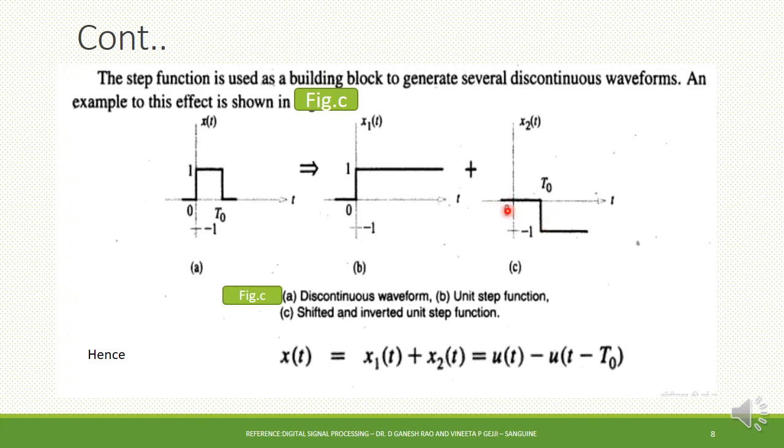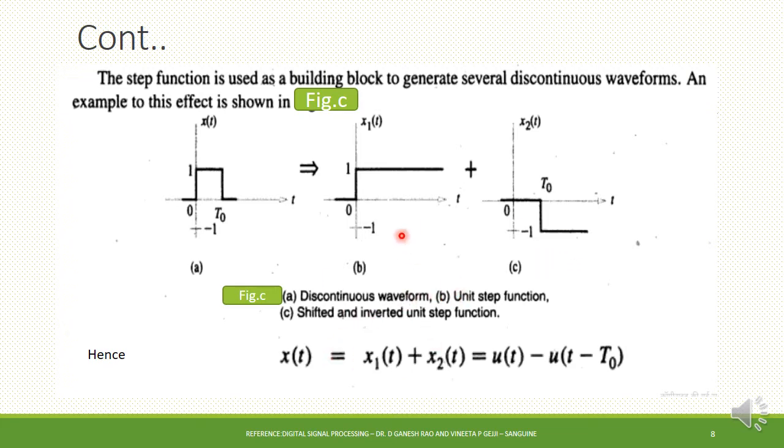In the previous figure we only studied the shifted one. Shifted means this signal comes to this side, but here it is inverted. So I want to show you another example. Here it comes below, and then it is called the inverted unit step function.